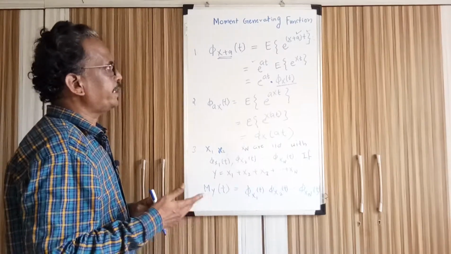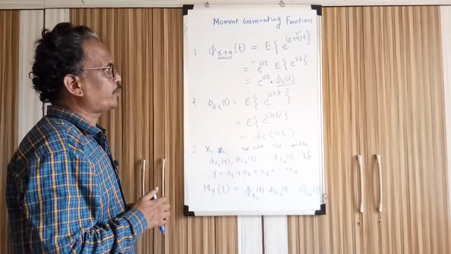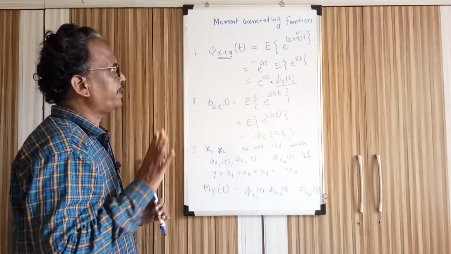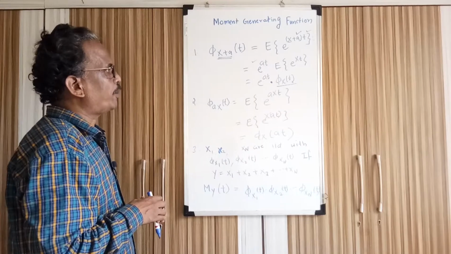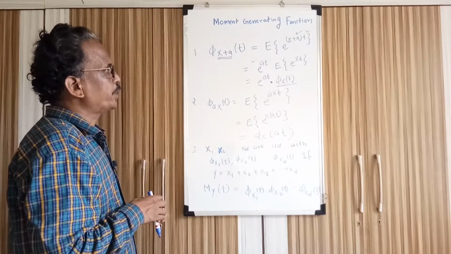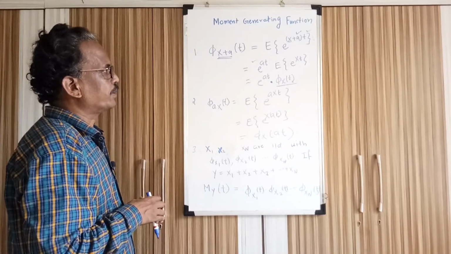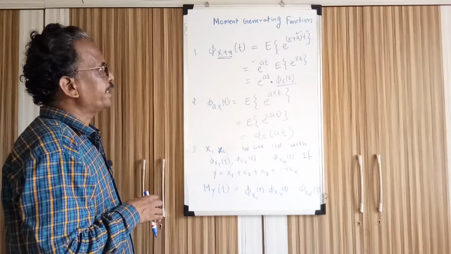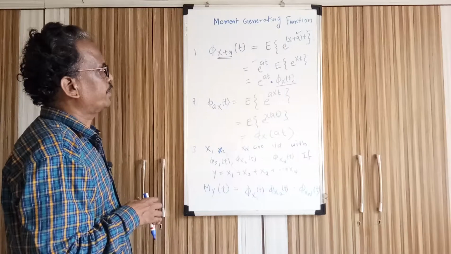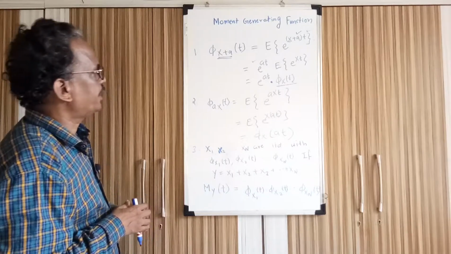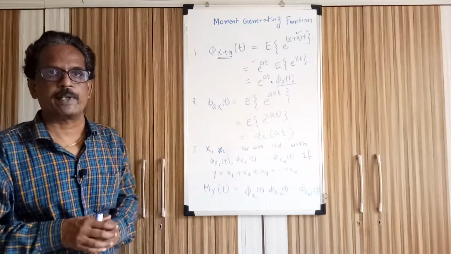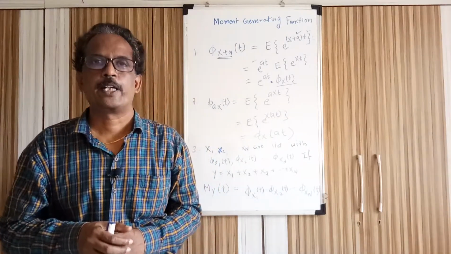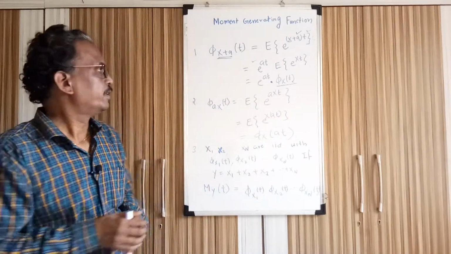It is varying: for different t we get different values, but a is a scalar. That is the first property: if x is replaced by x plus a, the earlier moment generating function gets multiplied by e to the power at.